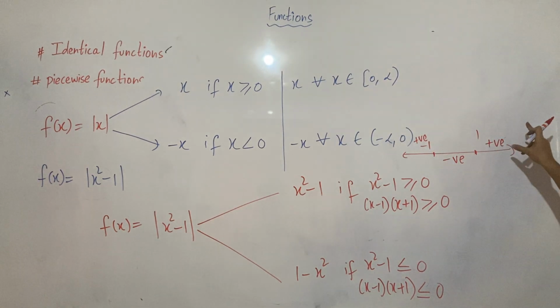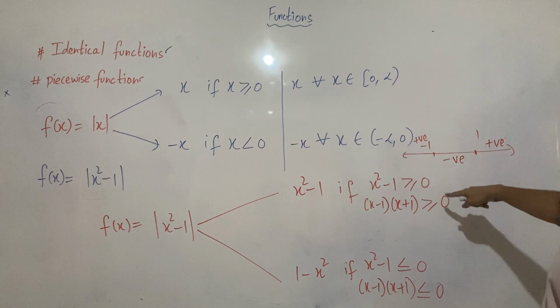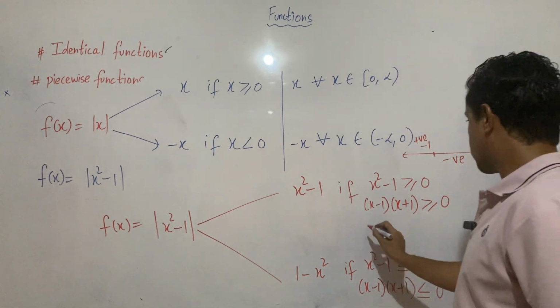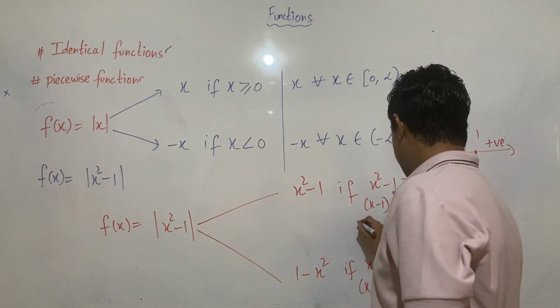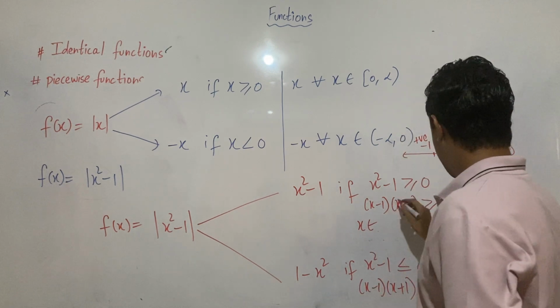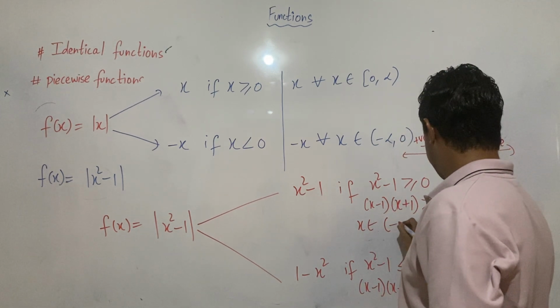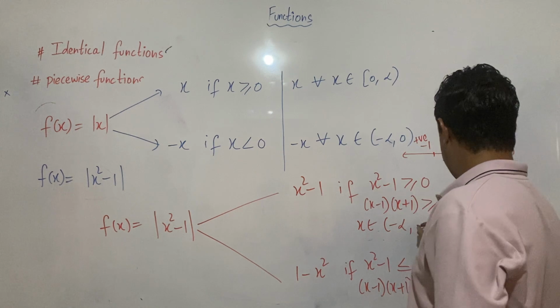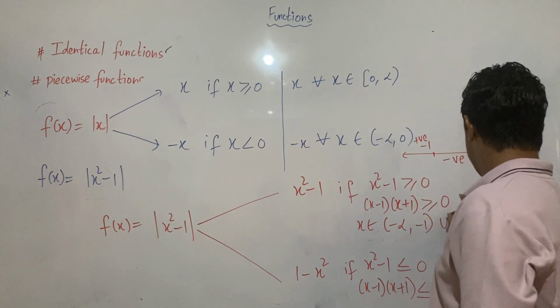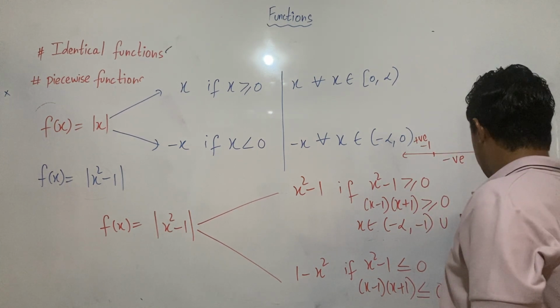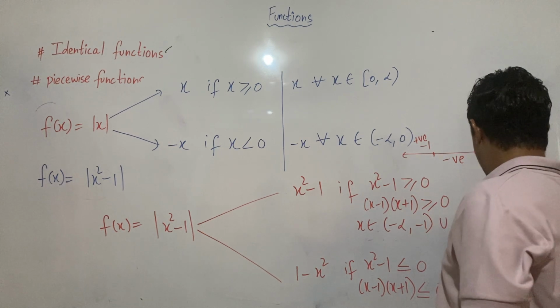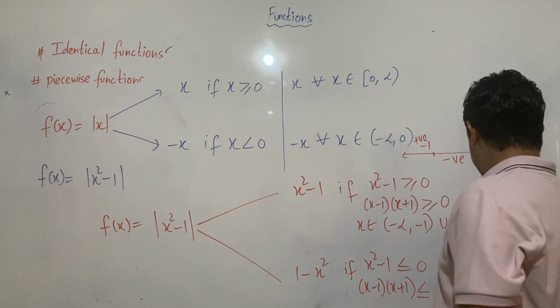Okay, so here it's going to be greater than or equal to 0, so it means that your x belongs to minus infinity to minus 1 union 1 to infinity.